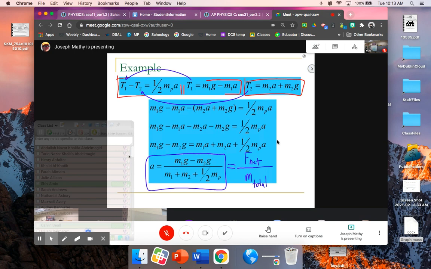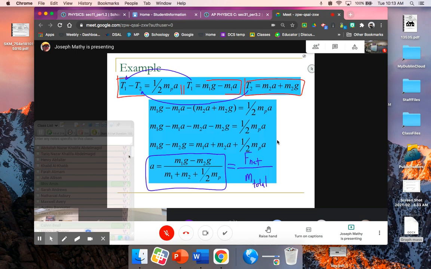F equals ma, Newton's second law. We get the net force that causes our pulley system to move, which is the differences in the masses. M1 is bigger than M2, so that'll give a positive number on top. And we just combined all the masses below. M1 plus M2 plus M3, which in this case is the pulley.